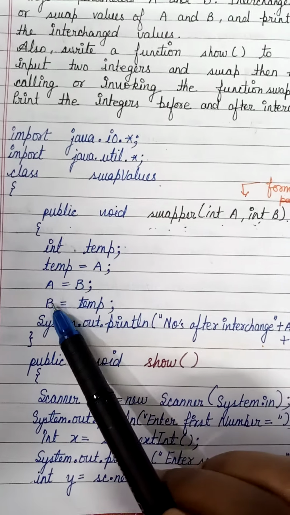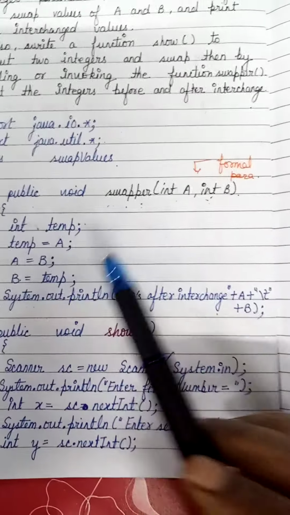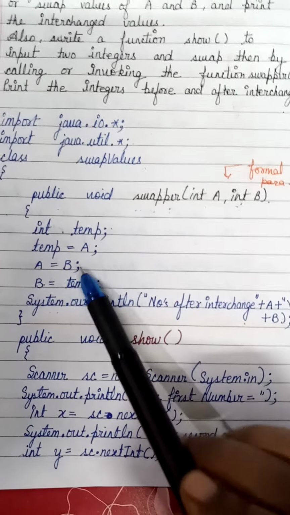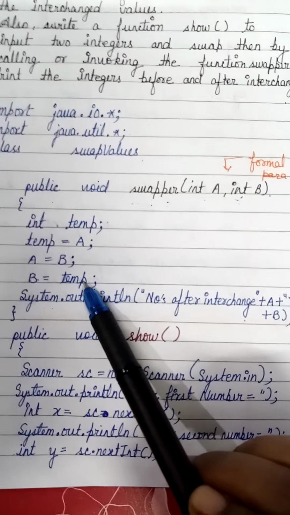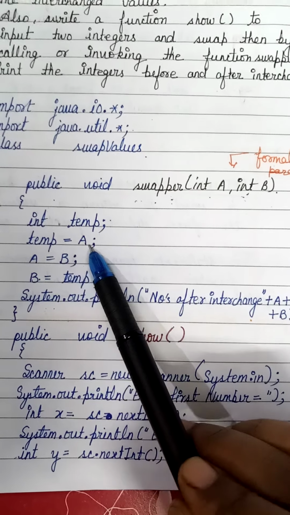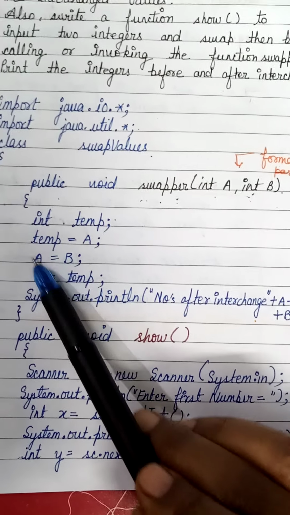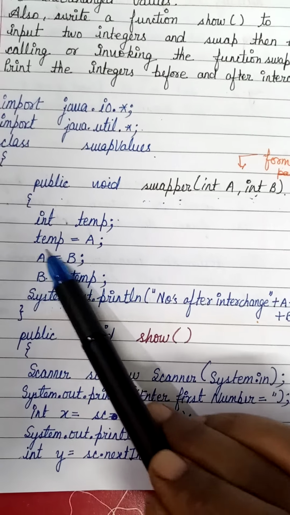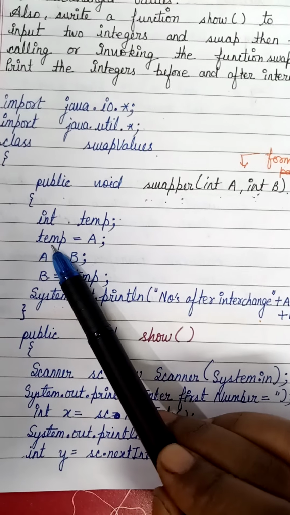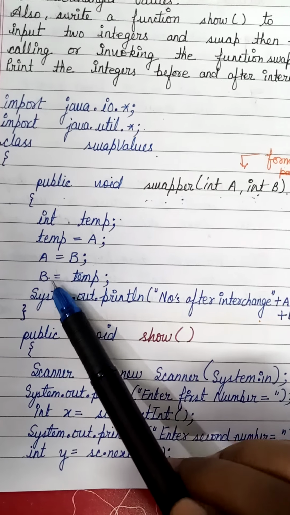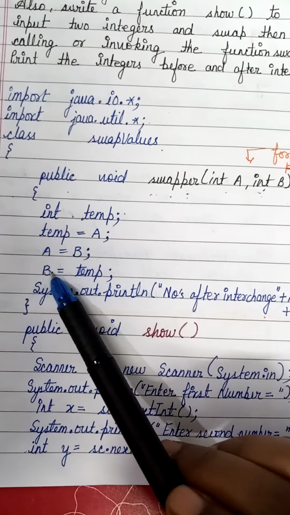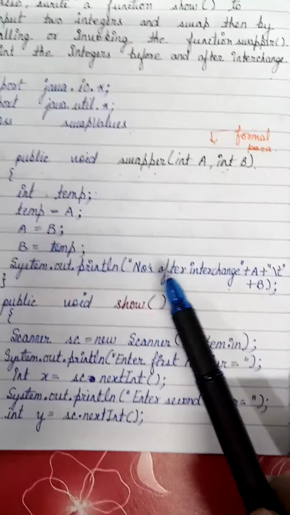Simply, without a third variable we are not going to swap the values. If we do not take a third variable, what will happen? When you are storing b within a, a will lose its value. That's why we have stored the value of a within temp first, then b within a, and within b we store the value of a, which is in temp. So temp equals a, a equals b, b equals temp.